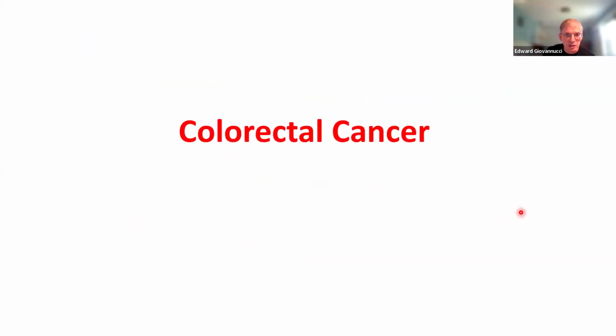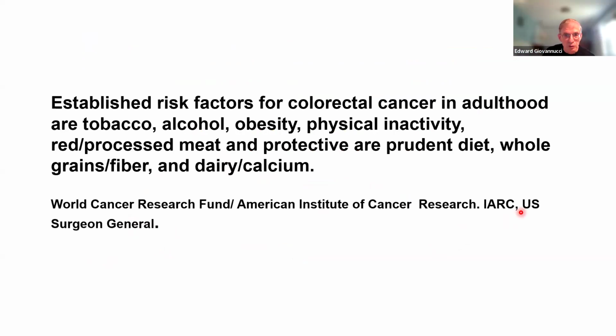So I'm just going to present quickly some results that we have for colorectal cancer. Colorectal cancer is the cancer that actually has the most modifiable risk factors. It's very closely related to lifestyle. And these are adult factors: tobacco, alcohol, obesity, physical inactivity, and red meat are associated with increased risk, and prudent diet, fiber, and dairy and calcium are associated with decreased risk.